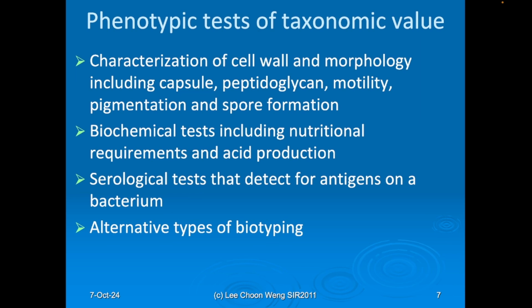You remember that the location of the endospore can also be important in taxonomy, whether it's central, terminal or subterminal. Clostridium endospores are larger than the diameter of the cell. That's why there will be a bulging. Bacillus endospores are smaller or similar to the diameter of the cell, so you won't see any bulging.